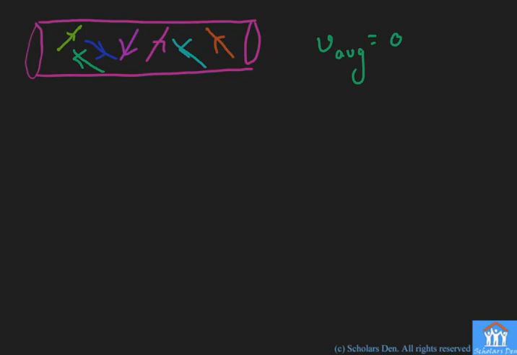But when we apply the electric field, what's happening to this conductor? When the electric field is applied, the force starts working on the electrons. According to the concept of force, we know that F is equal to QE.